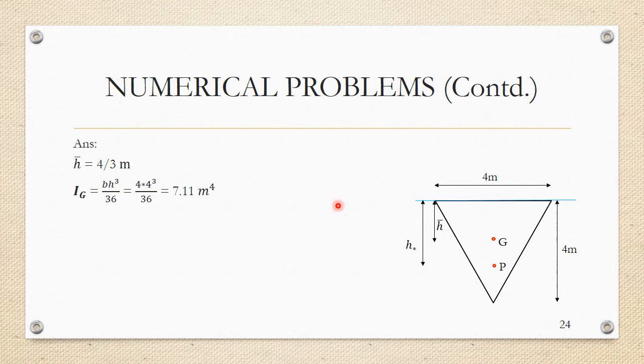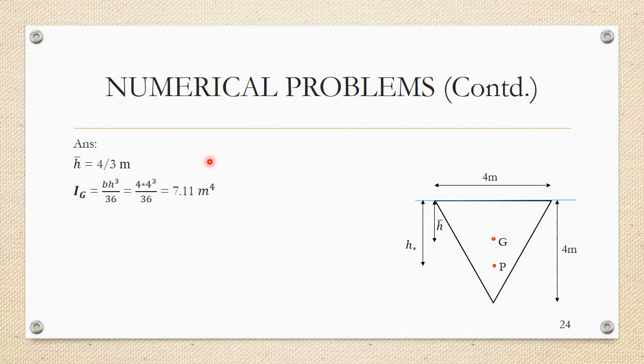Ig can be calculated as bh cube by 36. Again, I had mentioned this in an earlier slide: the moment of inertia passing through the centroidal x-axis is bh cube by 36. So b and h are the same, 4. So 4 into 4 cube by 36, I will get 7.11 meter raised to 4. Important: the unit of Ig is meter raised to 4.